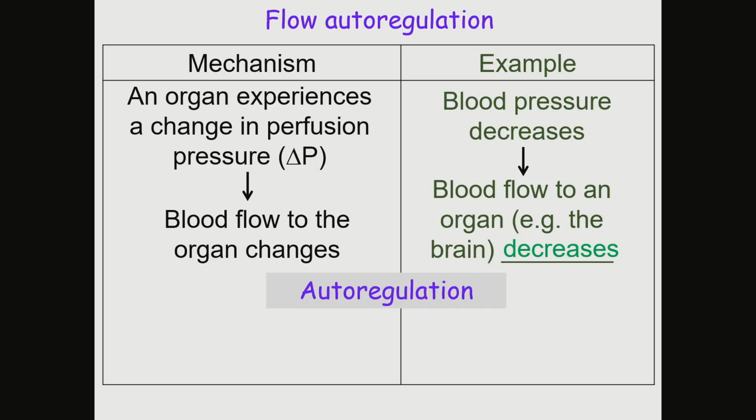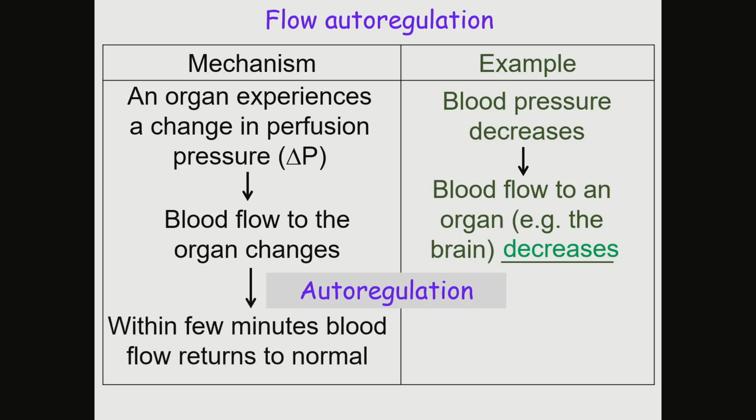But we have autoregulation. Not all of our tissues exhibit a lot of autoregulation, but a couple of them do. We're going to see that the brain, for example, is one of the organs that experiences autoregulation. So if you're just sitting there and your blood pressure drops, your brain does not like it, and within a few minutes, flow goes back to normal.